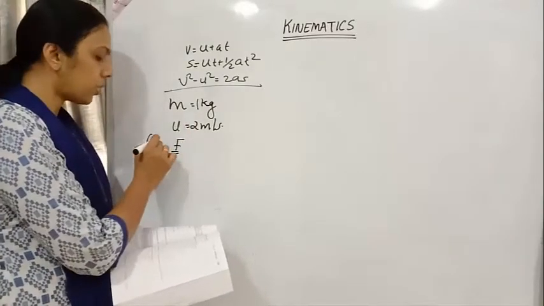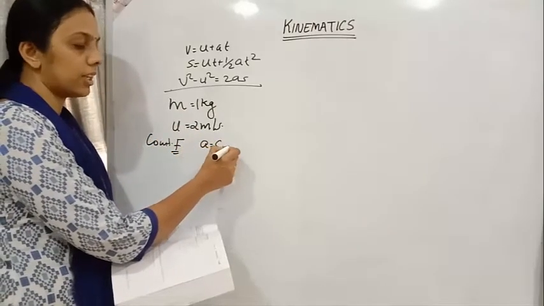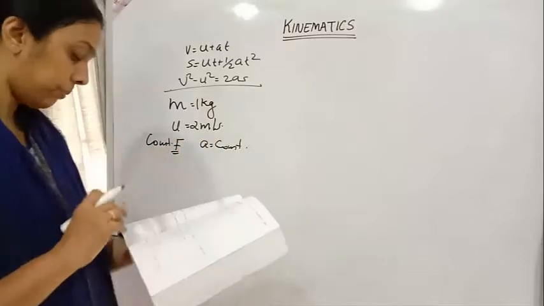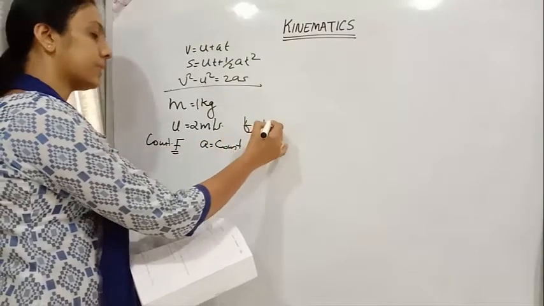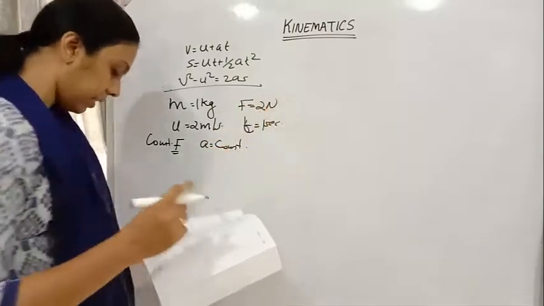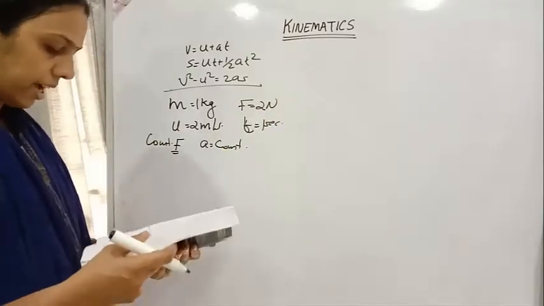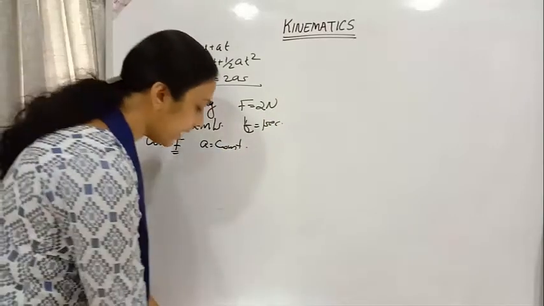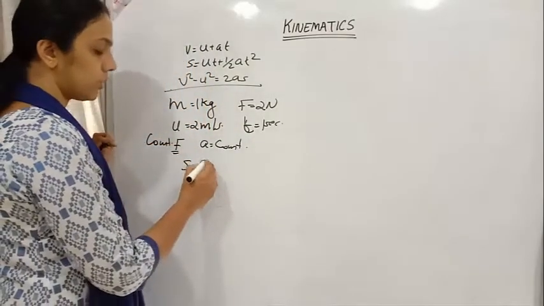If force is constant, that means acceleration will be constant. That is uniform acceleration. Time is given as 1 second, force is 2 Newton. We should find the velocity and displacement at the end of 1 second.